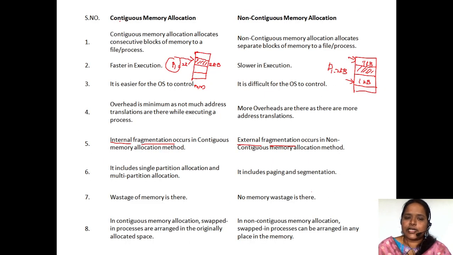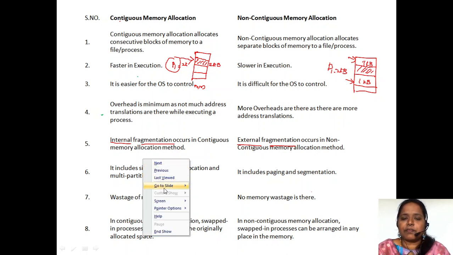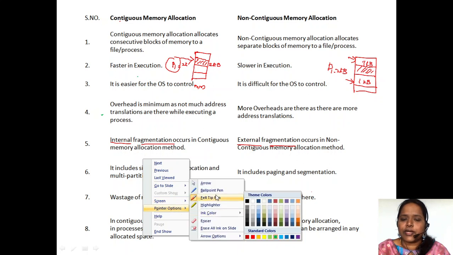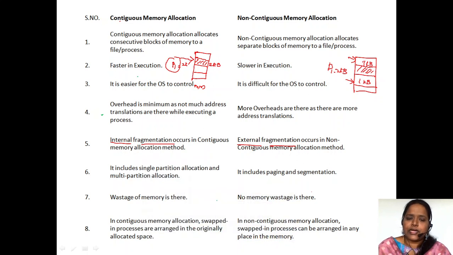Fine. Next, it includes single partition allocation and multi-partition allocation. So we can partition in a single partition as well as in multi-partition. Here we will have paging and segmentation.